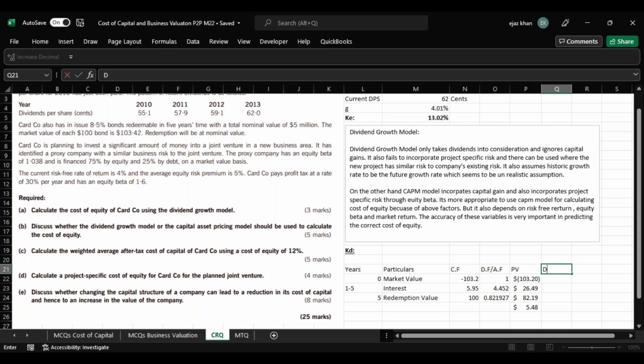The positive NPV is $5.48, and then again let us calculate another NPV, which should be negative. Let me copy this formula here, and let us take a higher value, say 7%.